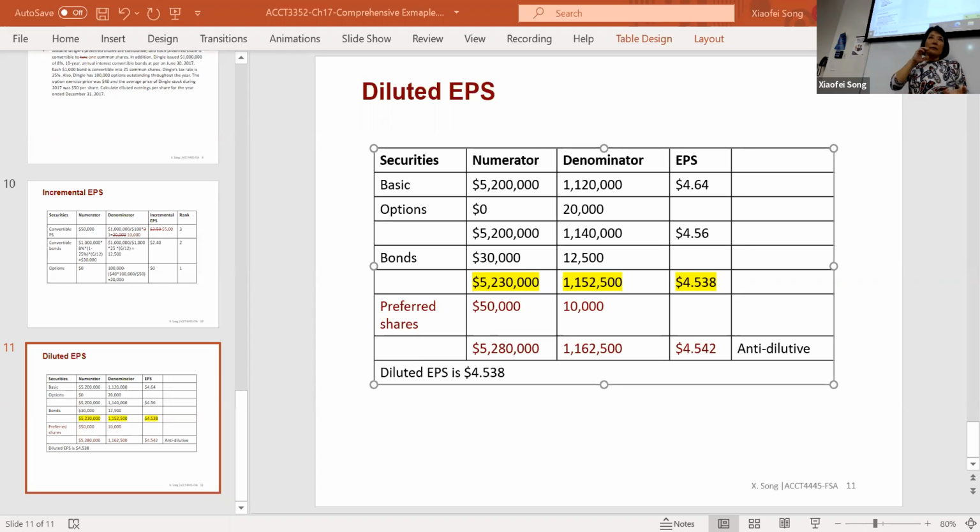But with the birth of the corporation, the separation of ownership and management, the management become the insiders, but they don't own the company. The owners, the shareholders, are the owners, but they are the outsiders. So they need information to assess their investment, assess the performance of the management, and so forth.